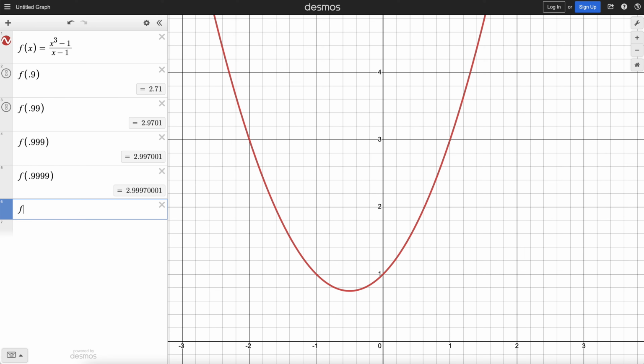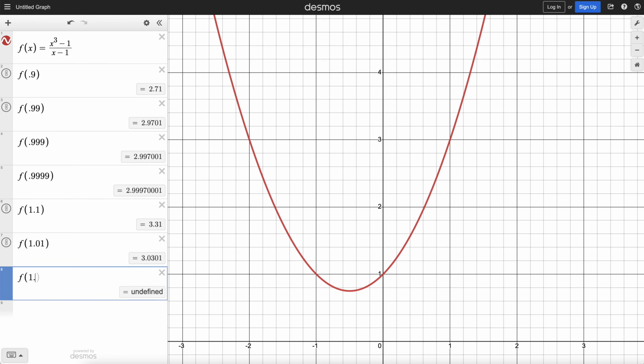Now we'll approach it from the right. And again, I'm just following those values in our initial table. f of 1.1. Okay, 3.31 is what comes out. We'll try f of 1.01. Okay, 3.03. f of 1.001, 3.003. And finally, f of 1.0001.